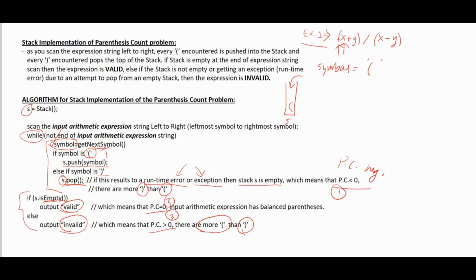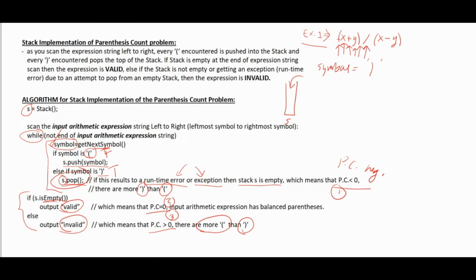Other than that, the algorithm doesn't do anything in the iteration. When we reach this, the symbol now is a right parenthesis. So the left parenthesis check is false and the right parenthesis check is true. So we pop from the stack, and the stack becomes empty.